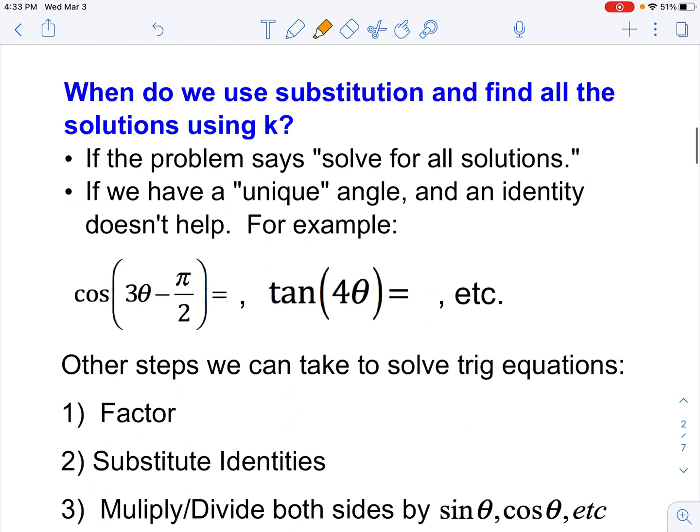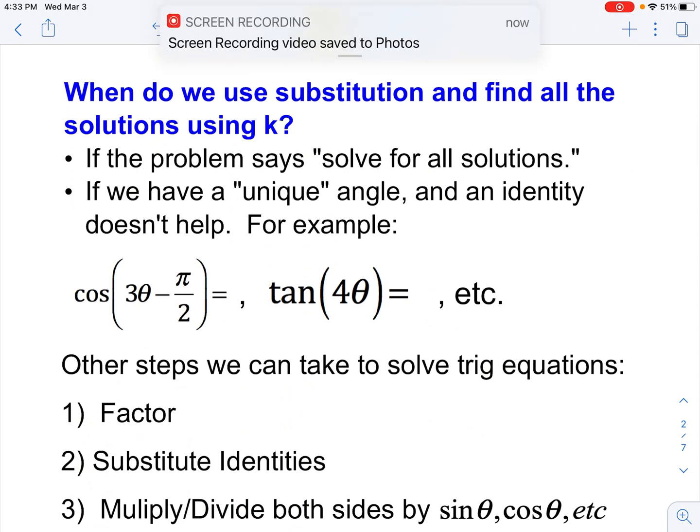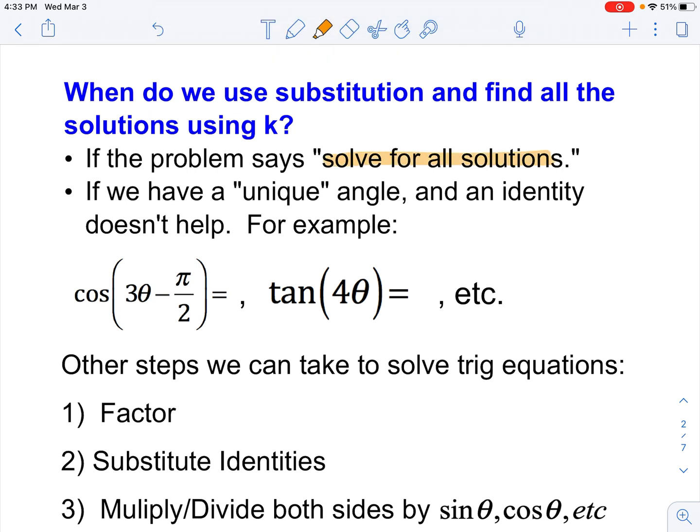All right, when do we use substitution and when do we find all of the solutions using k? So obviously if it says solve for all solutions, then we know that our answer is going to be something like x equals pi over 2 plus 2 pi times k, where k is an integer.